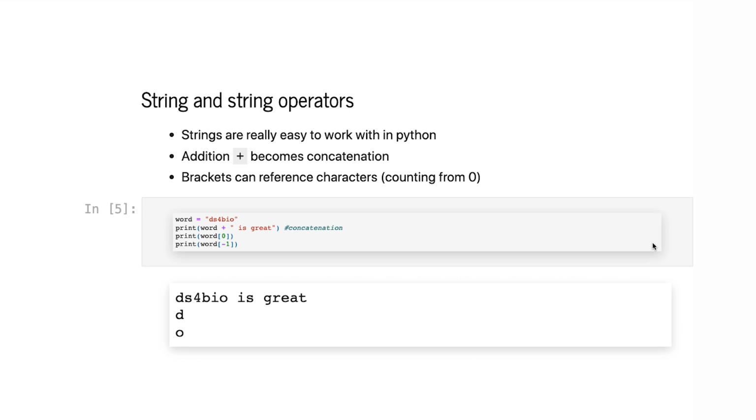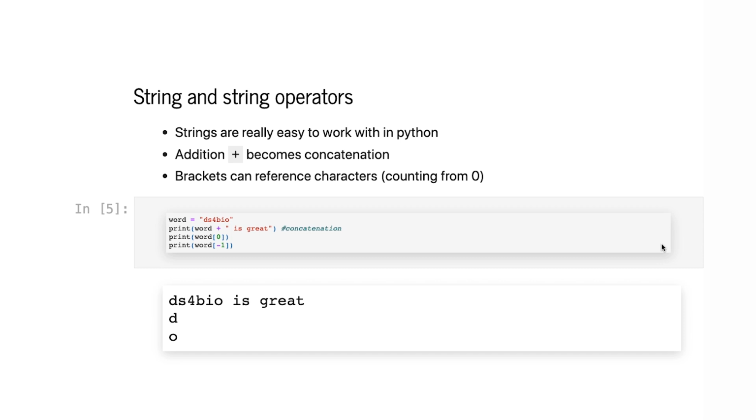So if I were to create the word ds for bio, so word equals quote ds for bio end quote, and then I do word plus quote space is great end quote, then that creates a new structure referencing the value of the string word, which is ds for bio, and concatenating it with the phrase is great.